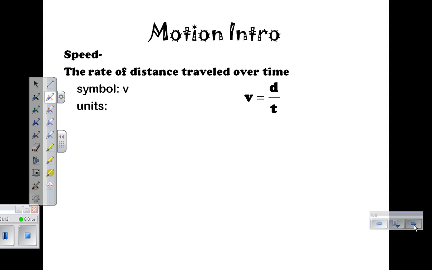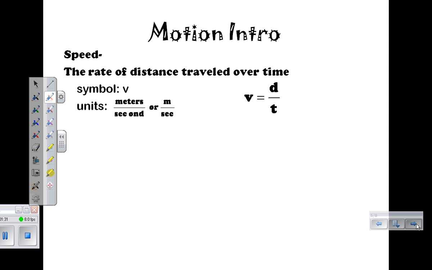And the units are, well, let's see, the units for distance, we use meters, and the units for time, we're going to use seconds. So we just boil them down to meters over seconds.